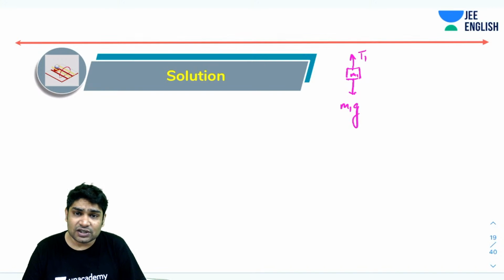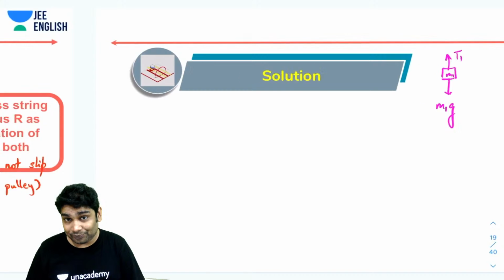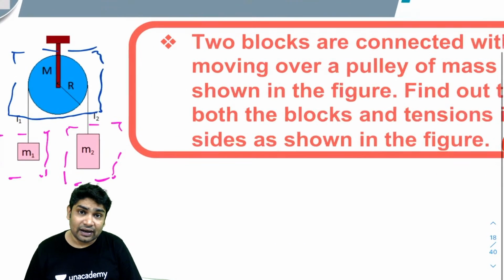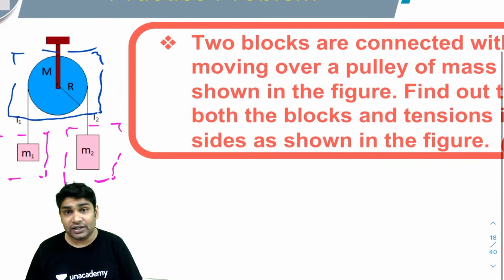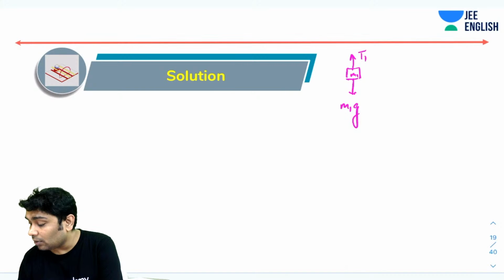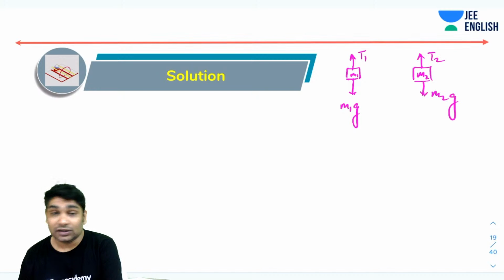There are only two forces acting on this. No third force will be seen. How about M2? M2 has tension T2 acting upwards and a force of M2G that will act downward.